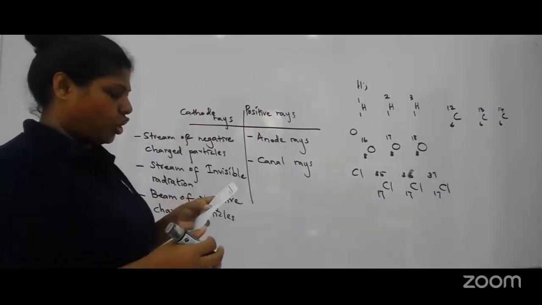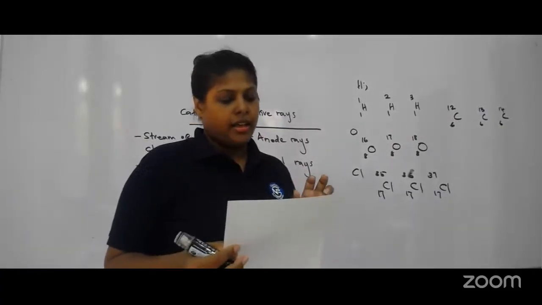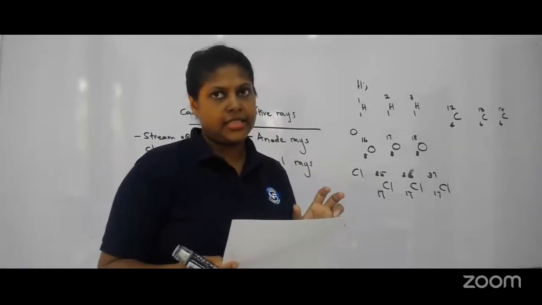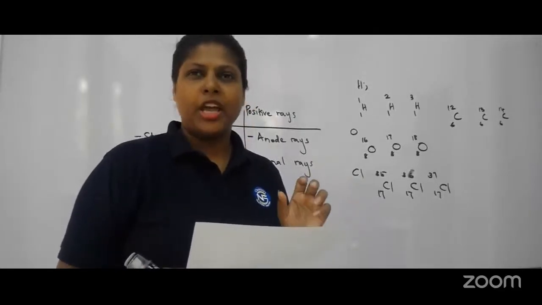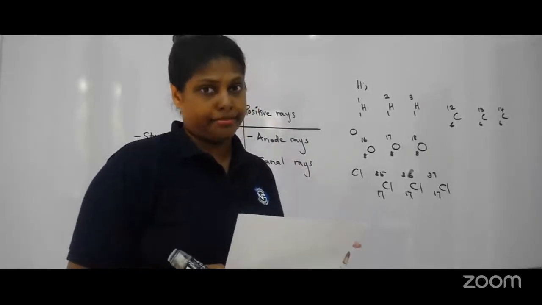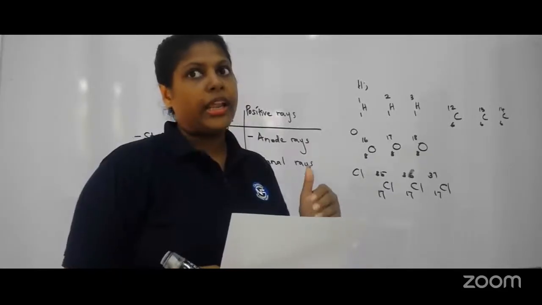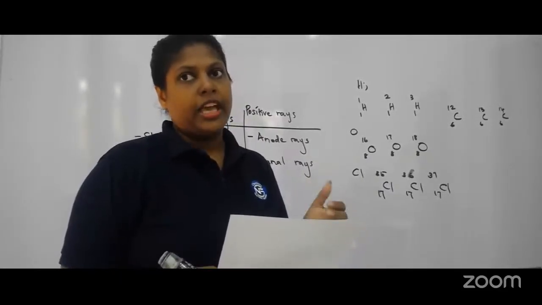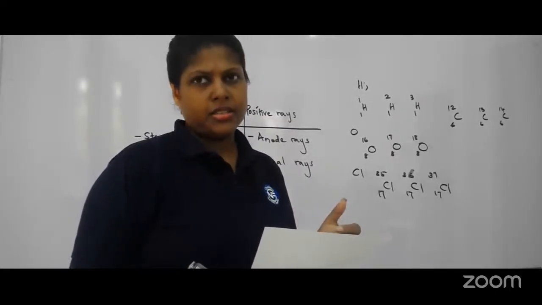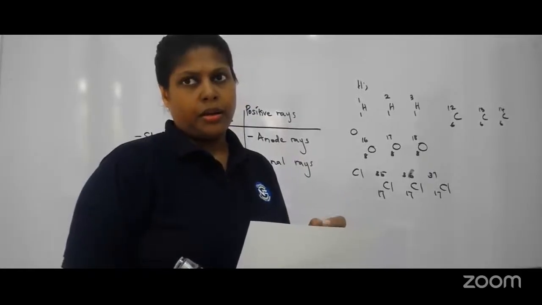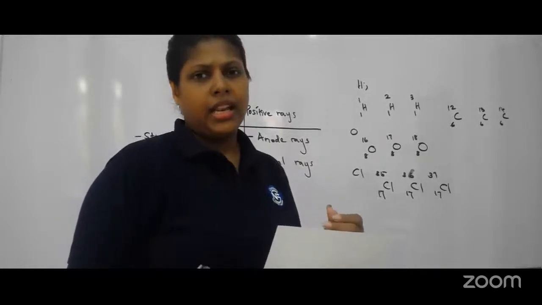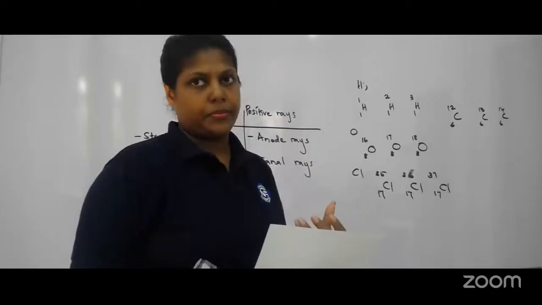Next, explain John Dalton's first postulate. John Dalton's first postulate is that matter is formed by very tiny, invisible, and indivisible particles called atoms. But due to later experiments, indivisible was disproved, because atoms have subatomic particles called electrons, protons, and neutrons.